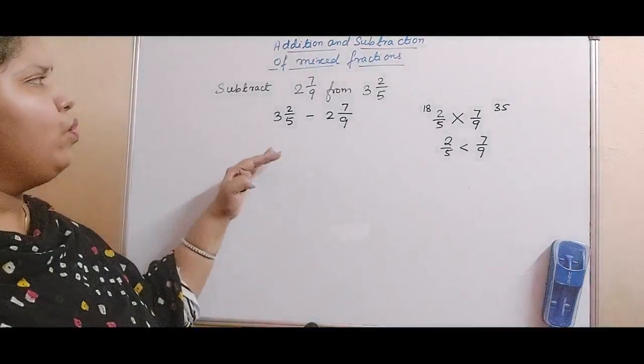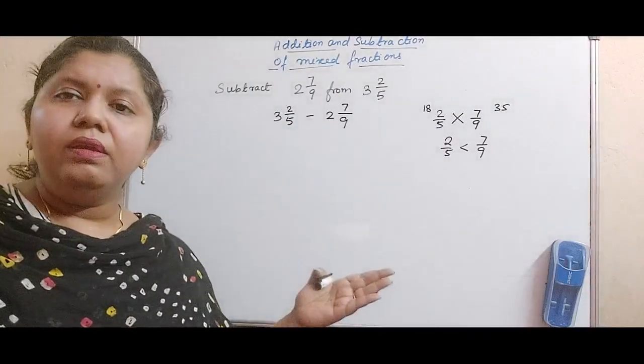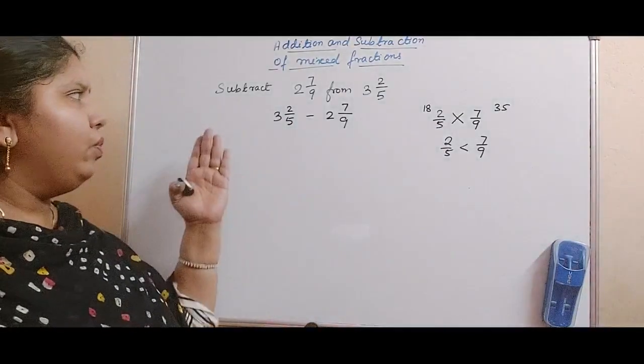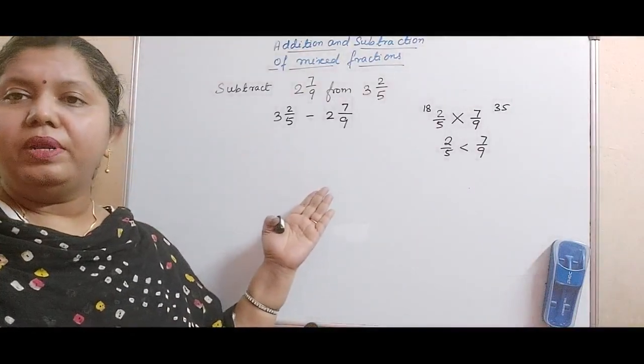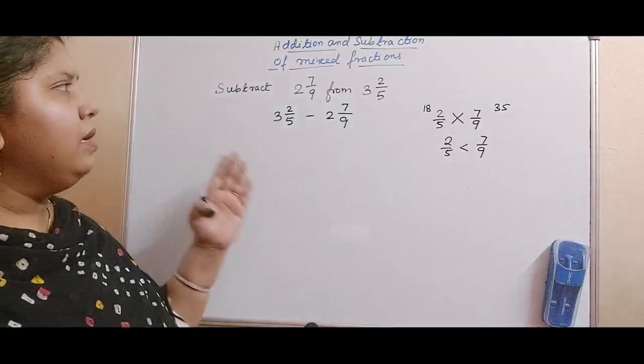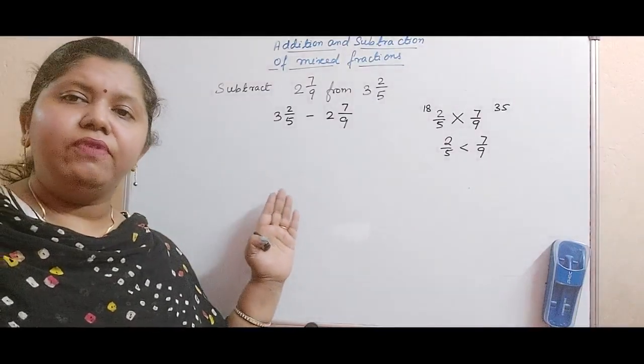So for this question, we will use the method we were using before: convert it into improper fractions, take the common multiple of the denominators, and then subtract the numerators to get the final answer.